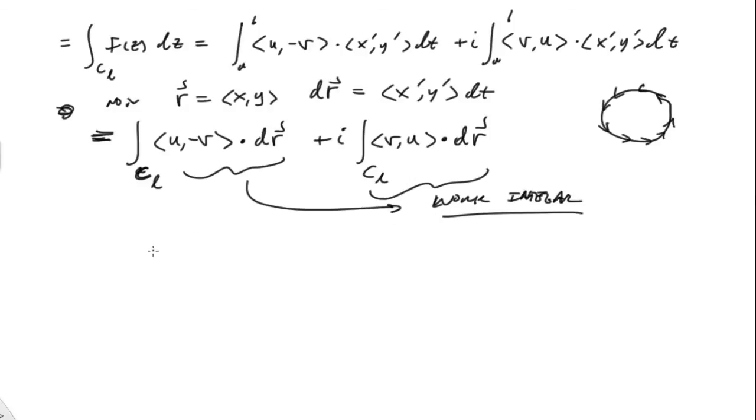And so we have a really important theorem now. Anytime we have a work integral, an integral of the form of some vector field dotted with dr along some closed path, we have what's called Green's theorem.